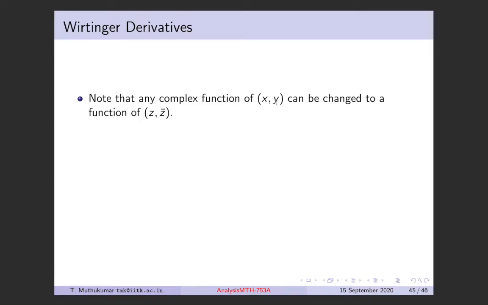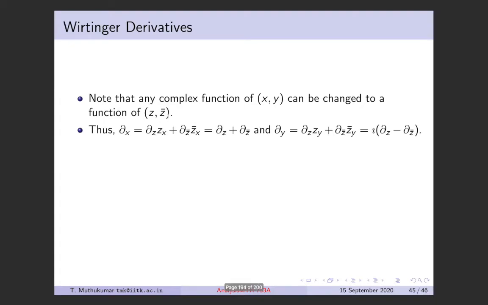And you know this relation that the real part can be written as z plus its conjugate over 2, and the imaginary part can be written as z minus its conjugate over 2i. So x and y can both be written as functions of z and z bar, which means any complex function given in terms of x and y can be rewritten as a two variable function, a function of z and its conjugate, right? It's something which we can do.